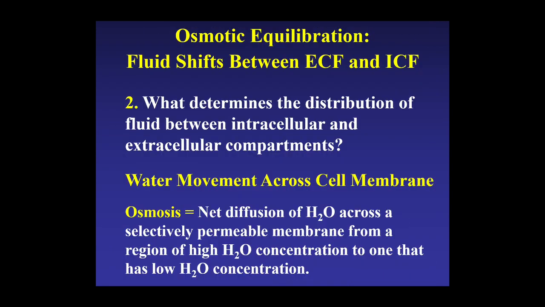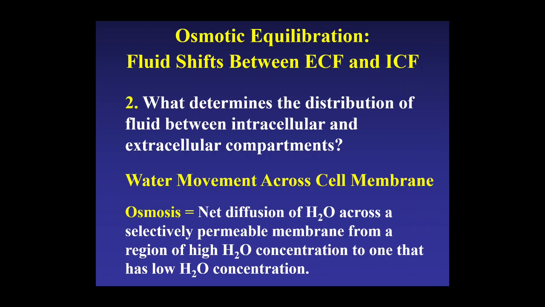What determines the distribution of fluid between intracellular and extracellular fluid compartments? Water movement, right? I know these membranes are permeable to water. So how is water going to move, from high concentration of water to low concentration of water? Let's say for no good reason you drank 2 liters of pure water.